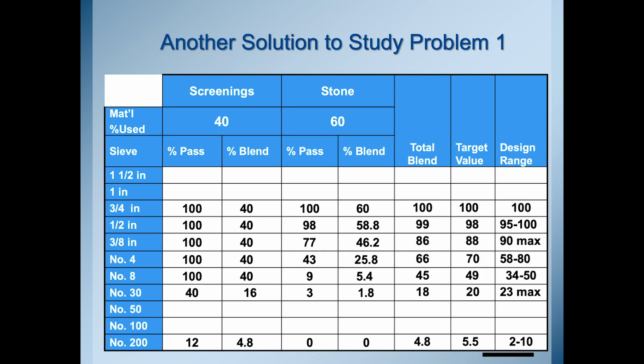If you run all those numbers just like we did before and calculate the total blend for that same gradation with a different blend of 40 and 60, you'll see that we're not quite as close to our target as we were before. If you look at the number 4 sieve, the total blend was 66 and our target was 70. So we're a little bit off on this one. On the number 200 sieve, we're still pretty close. We had a total blend of 4.8 for a target of 5.5.